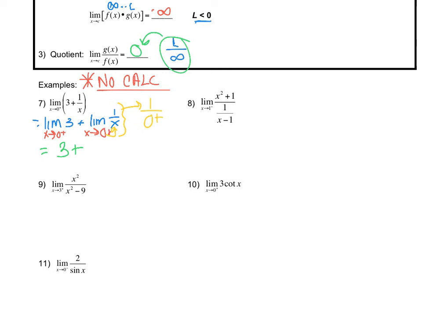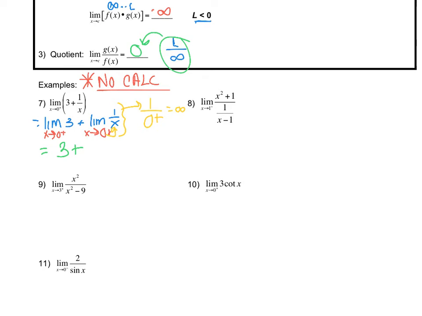So we're taking 1, dividing it by a very small positive decimal value. That's going to result in an infinitely large number because 1 divided by 0.1 is 10. 1 divided by 0.01 is 100. 0.001 is 1,000. So we see this number getting very large very fast.